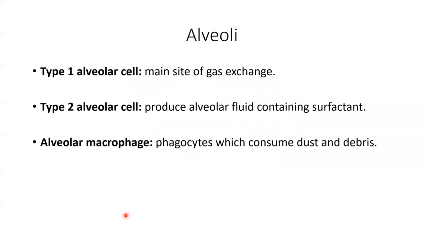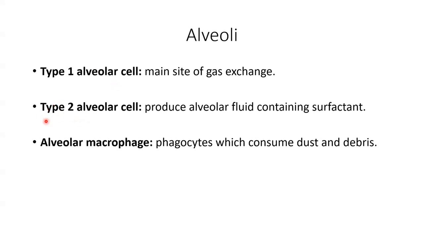So just putting that in writing for you in case you didn't take notes, we have our type 1 alveoli cells, which is the principal site of gas exchange. So gas can easily diffuse through these cells because they're one thin layer of epithelia.